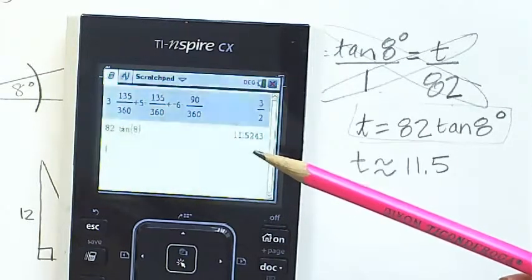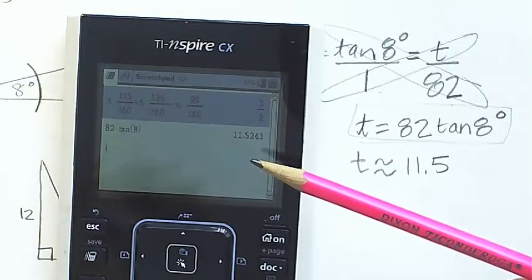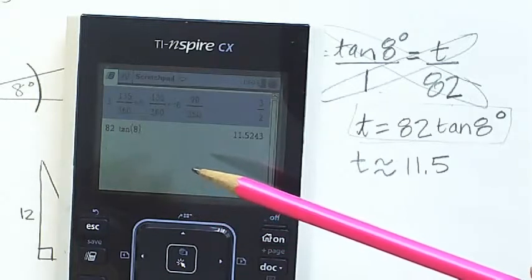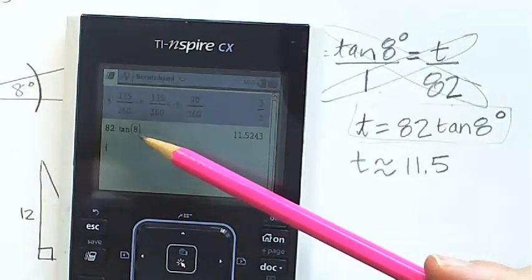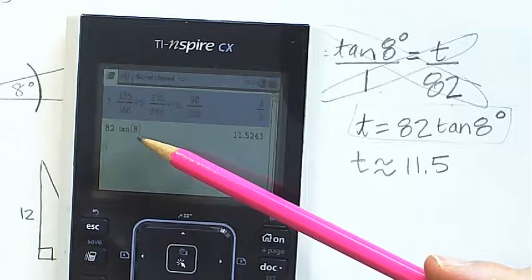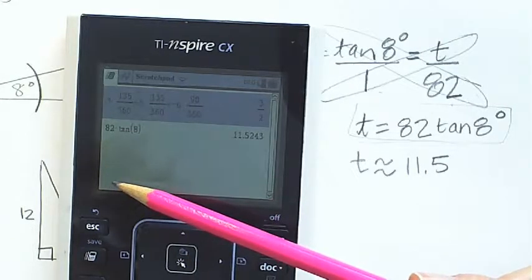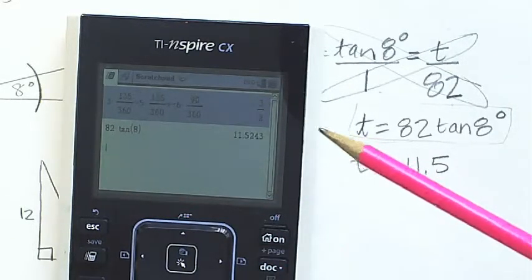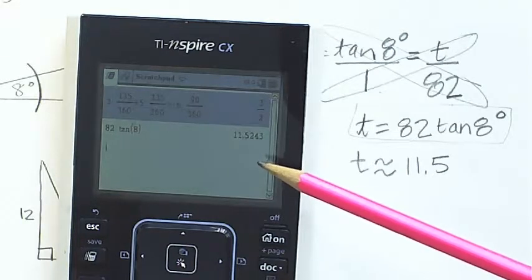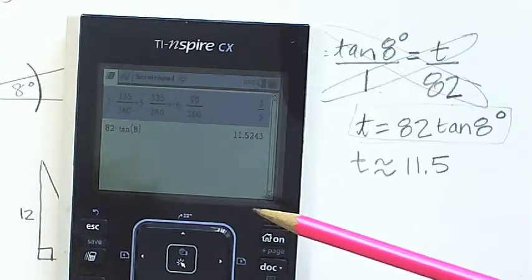Go ahead and try this with whatever calculator you have at home to see whether you can put tangent and then the angle, or if you need to put the angle and then tangent. If it's just a scientific calculator, then you're probably going to have to put the angle and then press tangent.